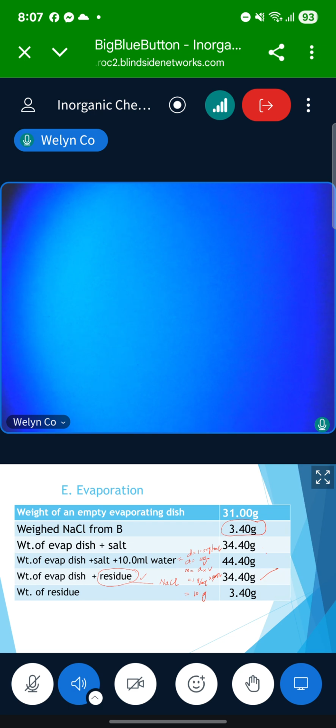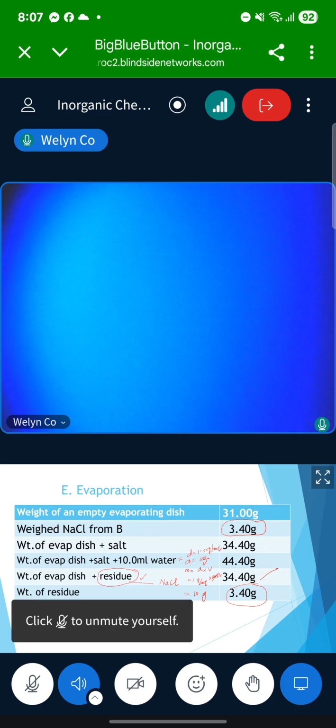If, in case, it is 34.4, then you regained all of your sodium chloride in the process of evaporation. So how would you compute for the percentage yield? So this is equal to the collected amount of salt divided by the weight of sample used multiplied by 100. Ilan ba kaninang collected natin?